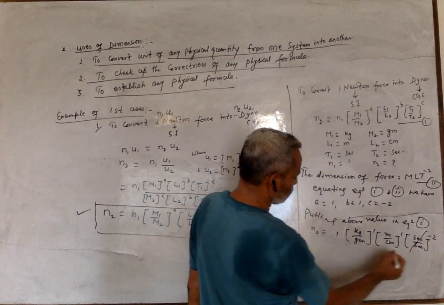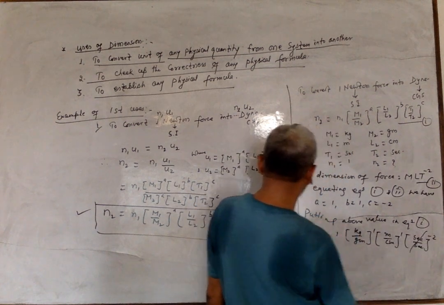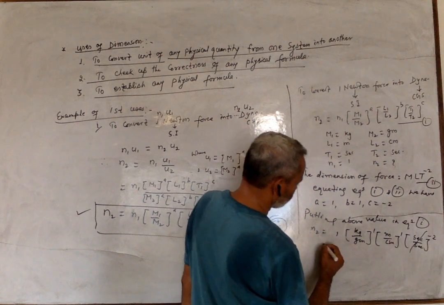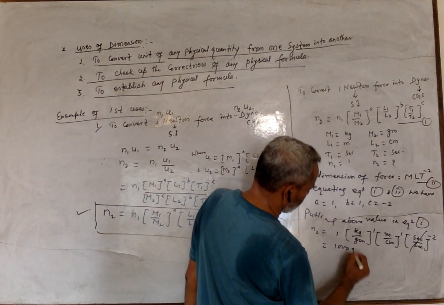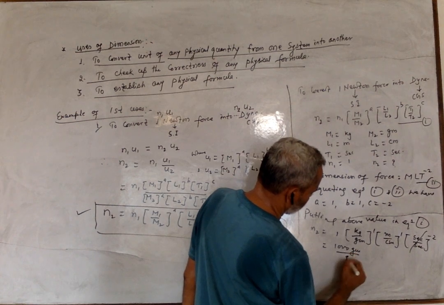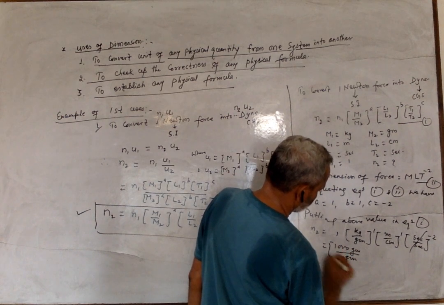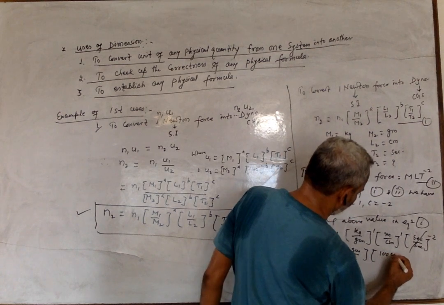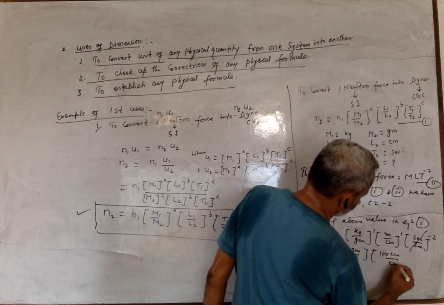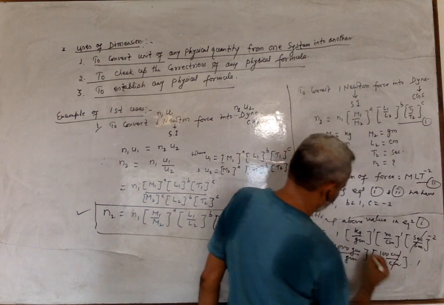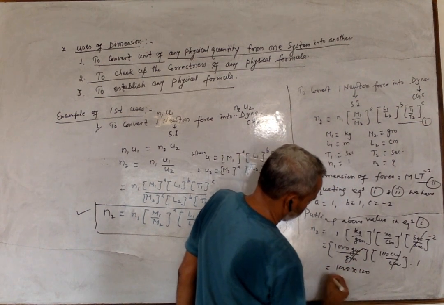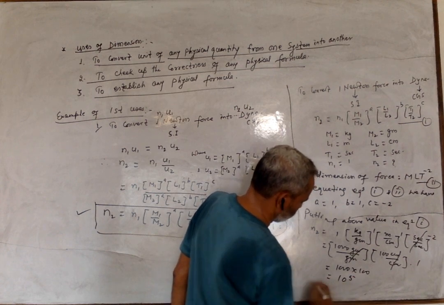The seconds cancel, and 1 to the power minus 2 equals 1. So 1000 gram by gram, 1 meter, 100 cm by cm, gives 1000 times 100, which is 10 to the power 5.